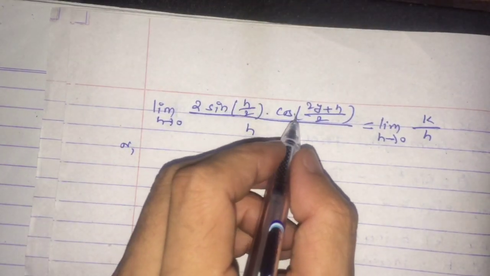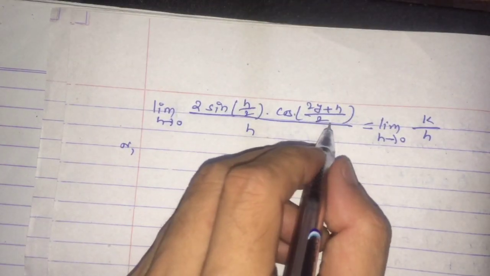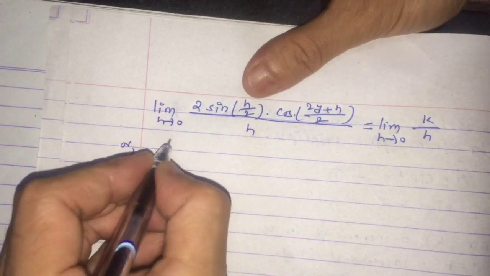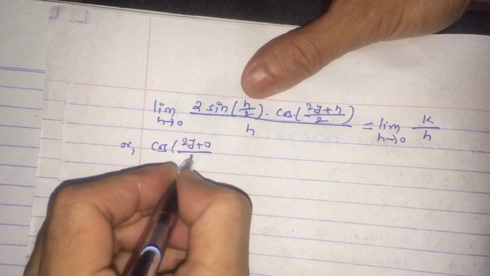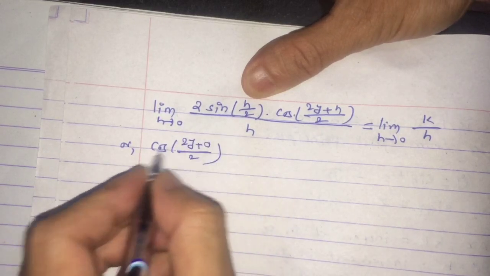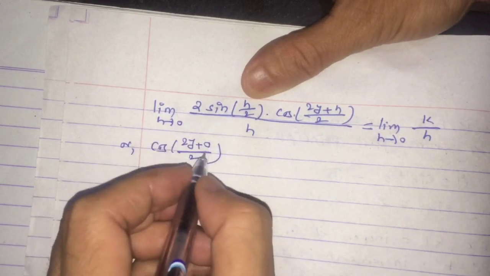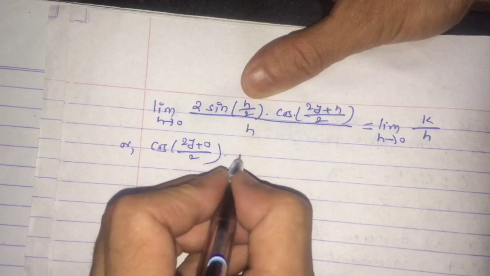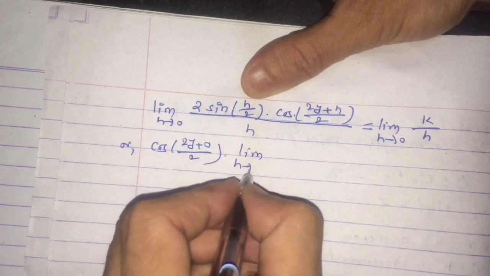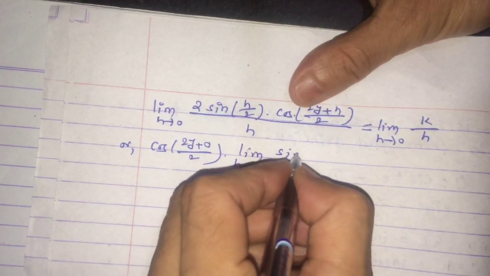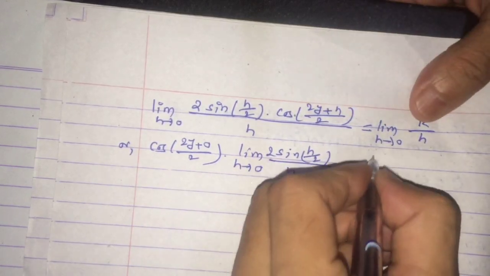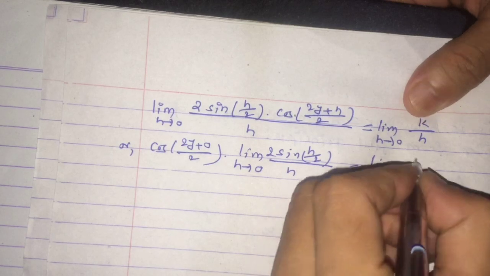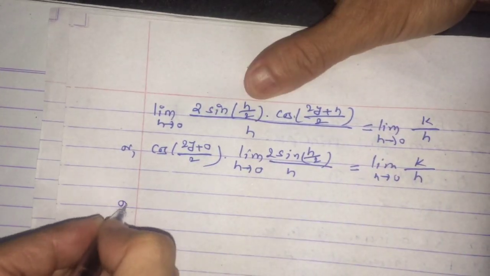Now we can take out cos of (2y plus h) by 2 from this limit as cos of (2y plus 0) by 2. We put h is equal to 0 inside cos here, and we are left with limit as h tends to 0 of 2 times sine of h by 2, whole divided by h, is equal to limit as h tends to 0 of k by h.